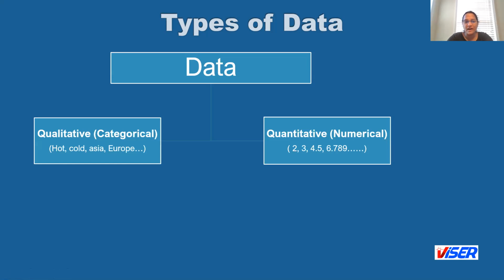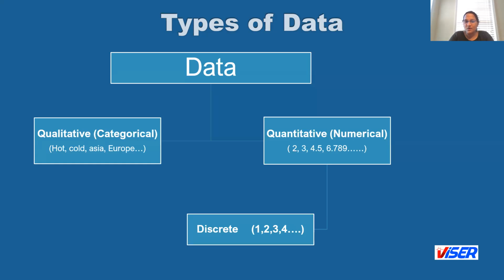It's sometimes called categorical because if we are talking about the different continents in the world, and we want to define what continent a particular country or statistic is from, then we write the name of the continent like Europe, Asia. Again, we are defining the categories. That's why it's also called categorical data.